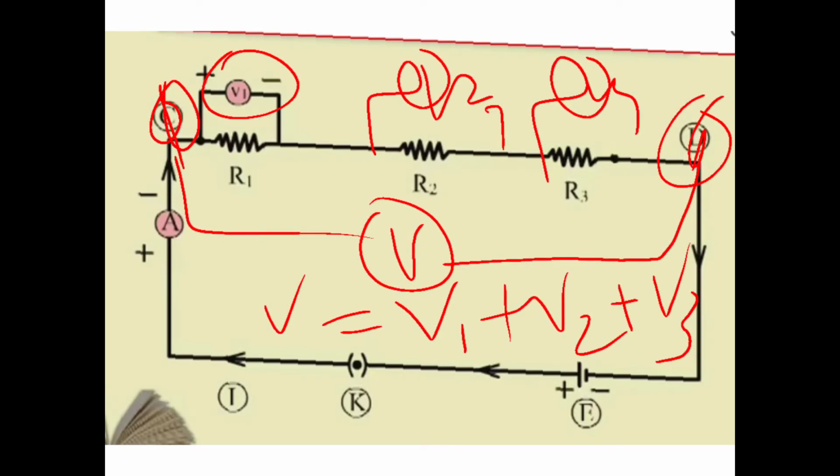See, potential is the difference in level. So if this is a difference in level, I am breaking it up: the difference between this and this, then between this and this, and then between this and this, right? That is how I am explaining that V is equal to V1 plus V2 plus V3, right?